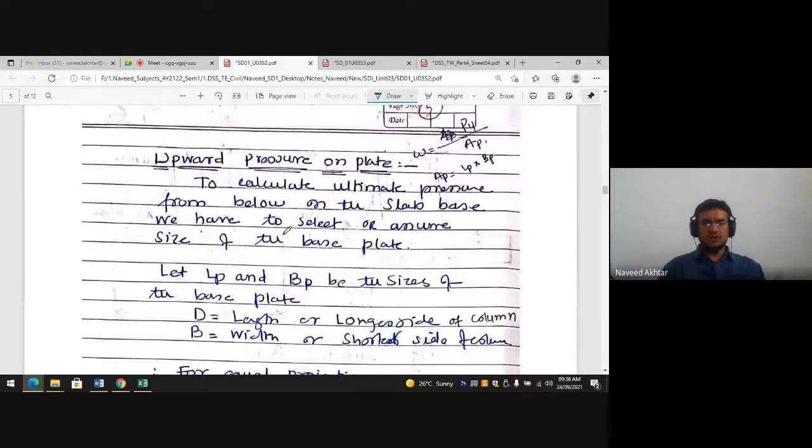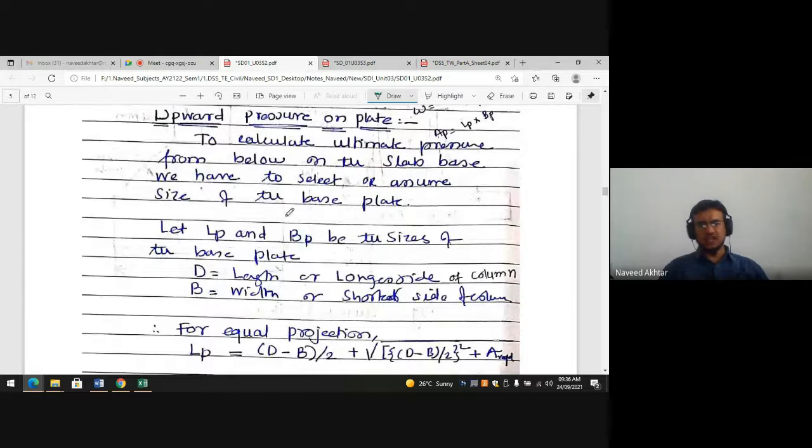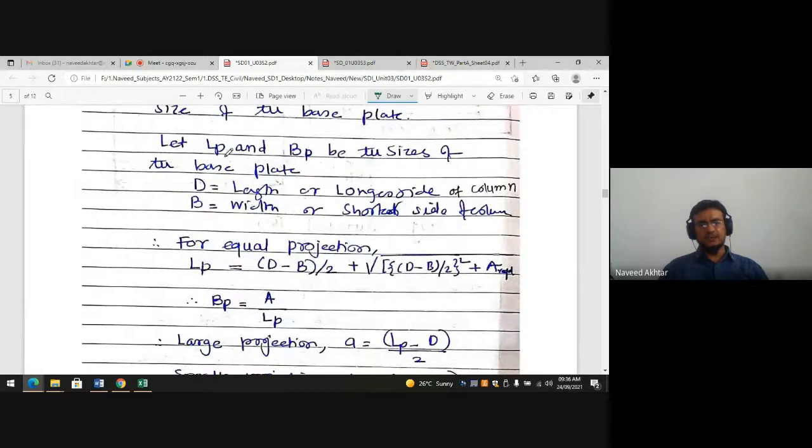Now, for the upward pressure on the plate, calculate the ultimate pressure from below the slab base. We have to assume the size of the base plate. Let Lp be the length of the plate, Bp the width of the plate, and D and B the longer and shorter sides of the column.